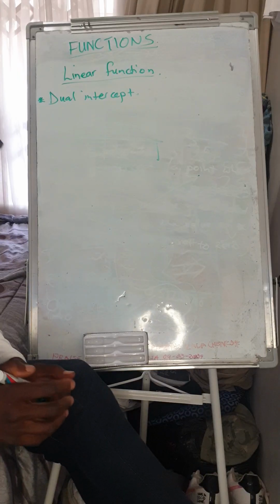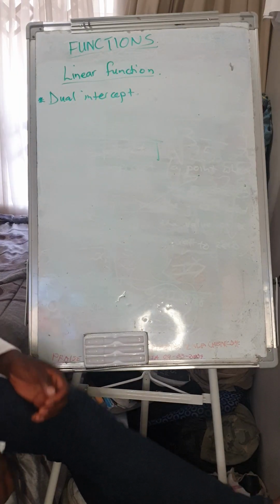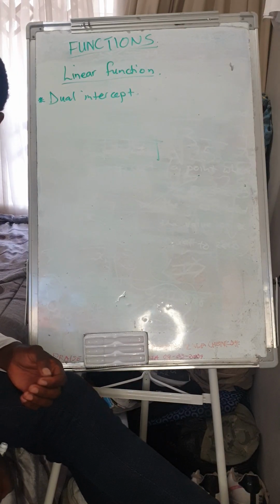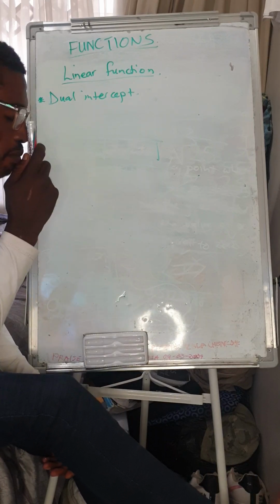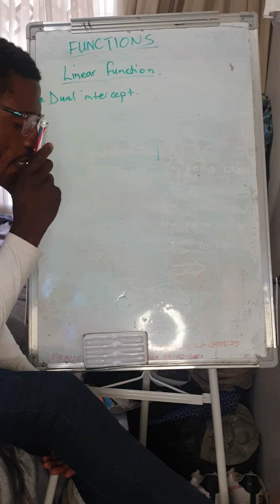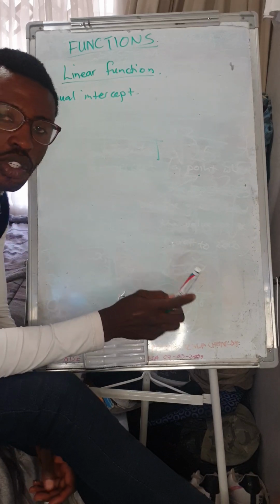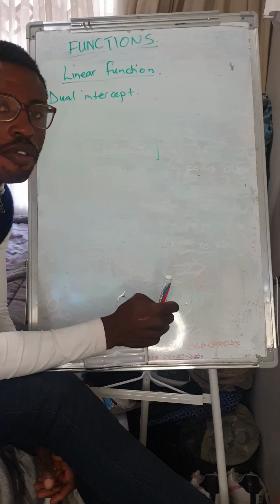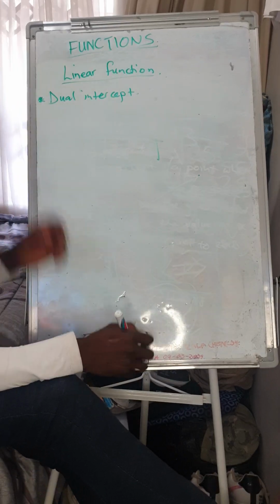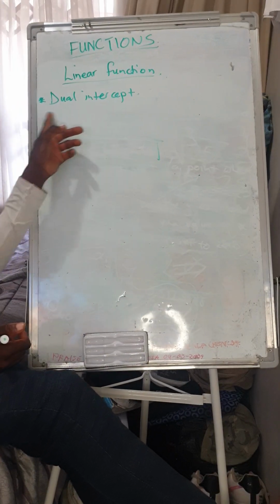Dual intercept method. This one is one kind of method that I will always advise somebody to use, because most often that is the one that is used in FET, and that is the one that is in the memo of grade 12. I know I'm talking to grade 10 here, I understand, but this one is very important.